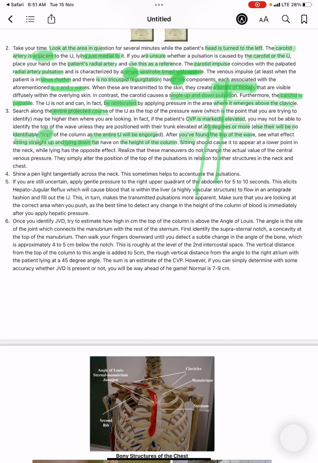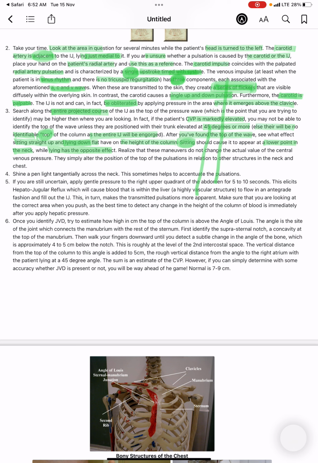If the patient lies down, the JVP will be at a higher point.